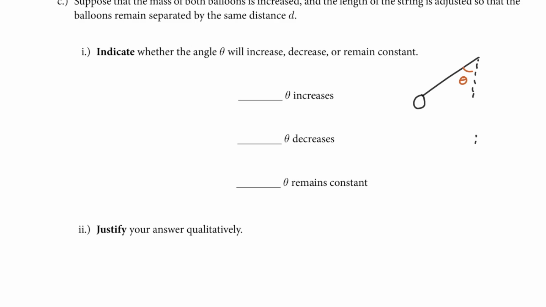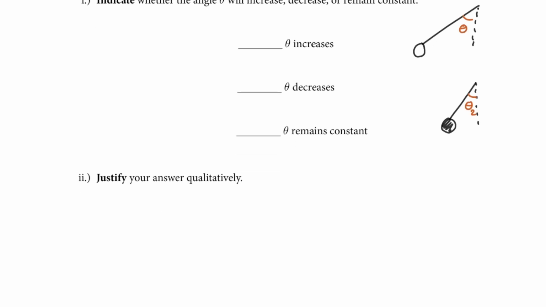So if I have a heavier balloon with more mass, that's going to drag this theta value down. And you can think about the extreme case. If I have a really, really heavy balloon, most of your tension is going to be distributed to making that balloon hang vertically to balance the weight.